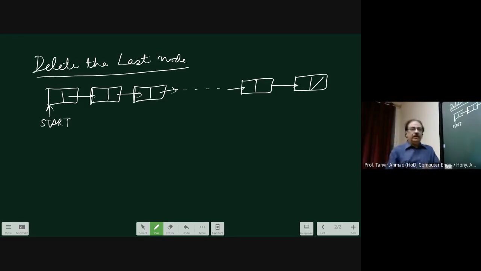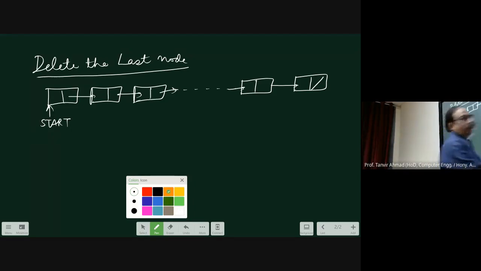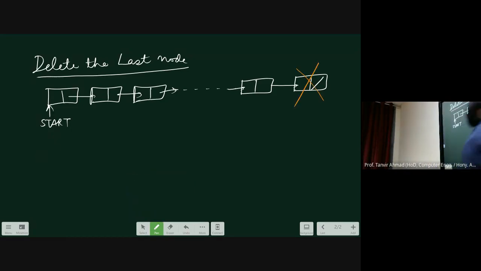Okay. Now, this is the last node, and you want to delete this node. Now, to delete this node, you start from the first and perform a traversal. Now, already I told you yesterday that once I am going to traverse, I have to make a copy of the start. Therefore, I will make a copy of the start, say T.